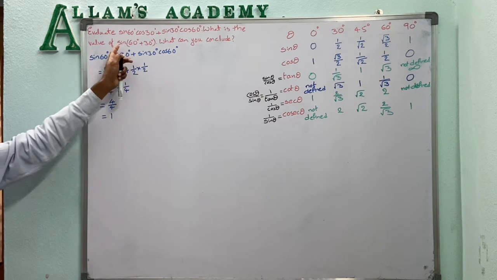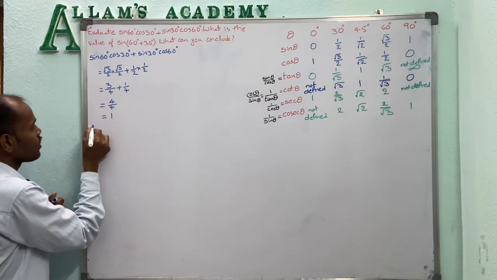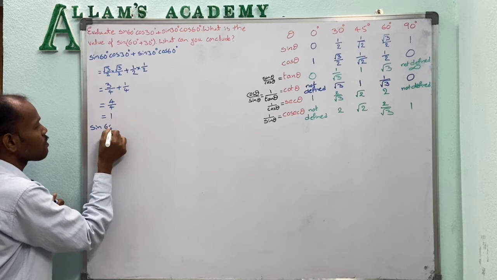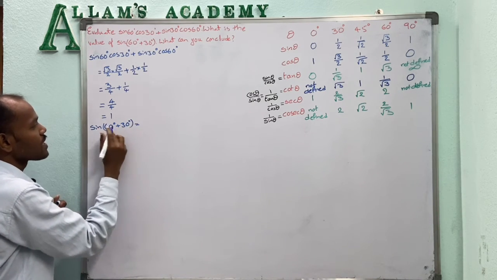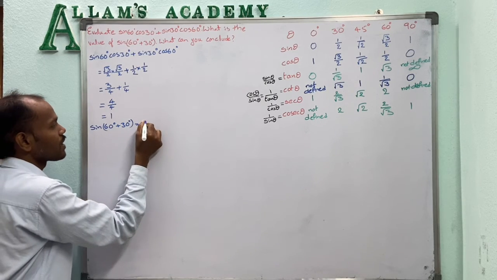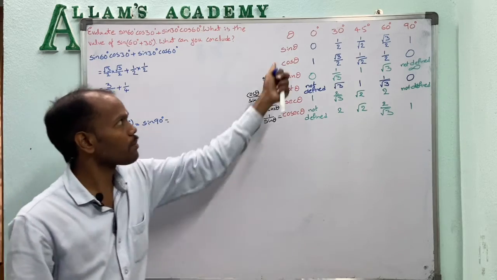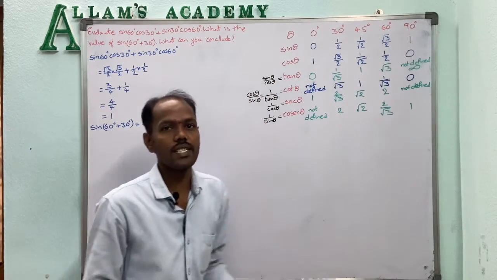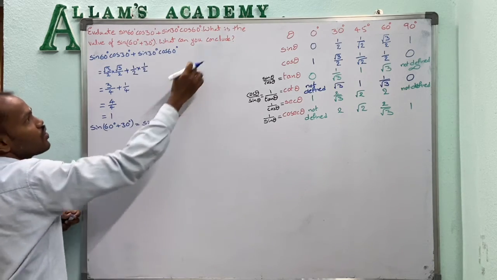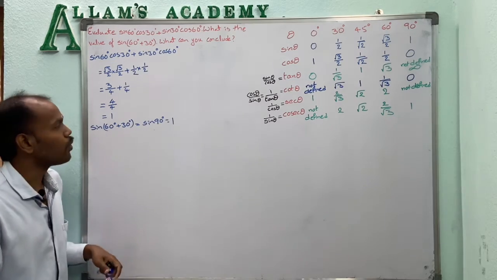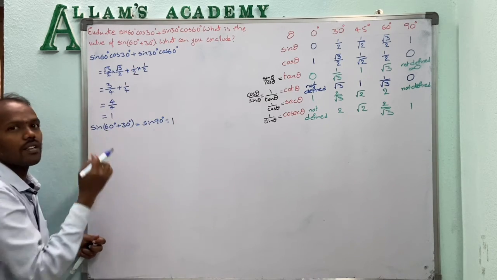Next, what is the value of sin of 60 plus 30 degrees? So sin of 60 degrees plus 30 degrees, 60 plus 30 is 90. So sin 90 degrees, from the table the sin 90 value is 1. Now what can you conclude here? Both values are equal to 1, so the LHS and RHS are equal.